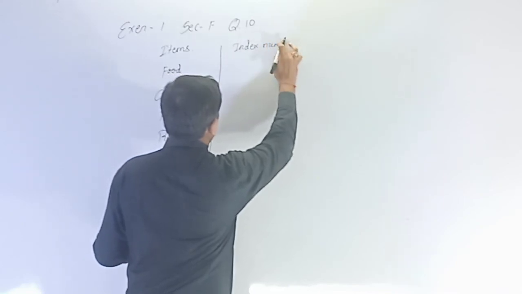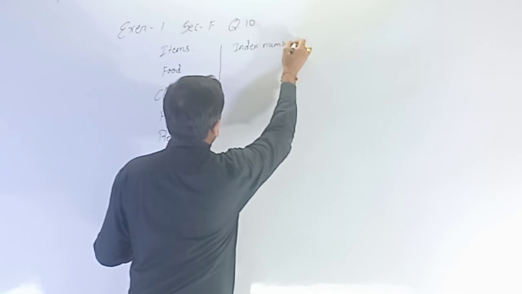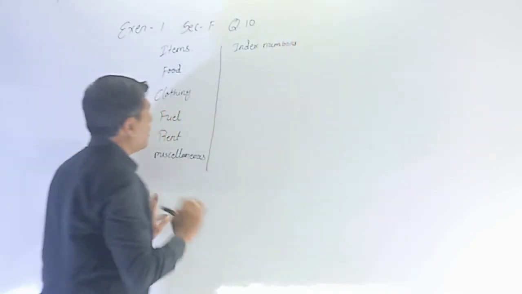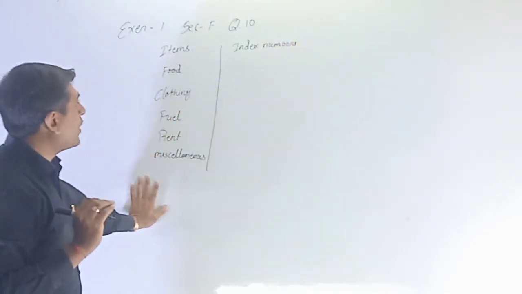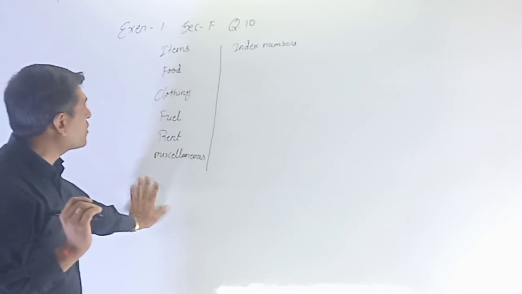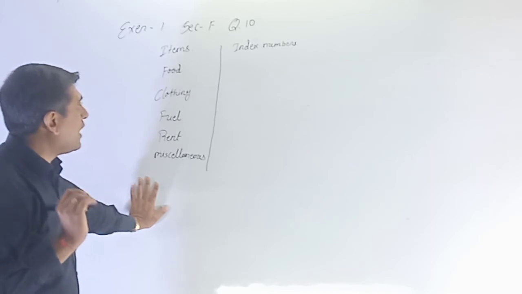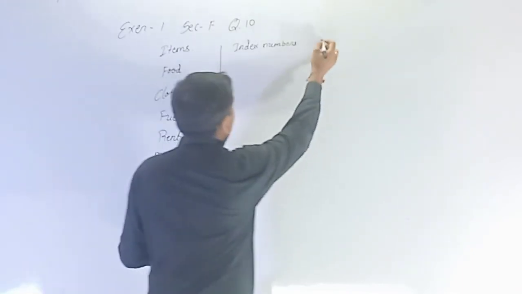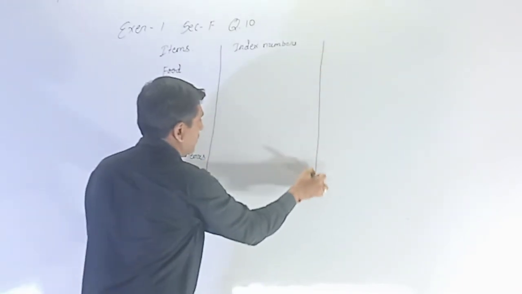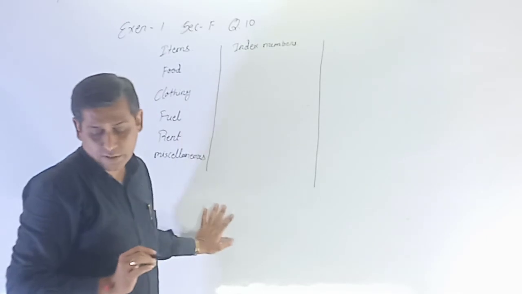See, in the index number column we have to find out the index number by different methods for each and every item. So here is the index number column, then the weight column.